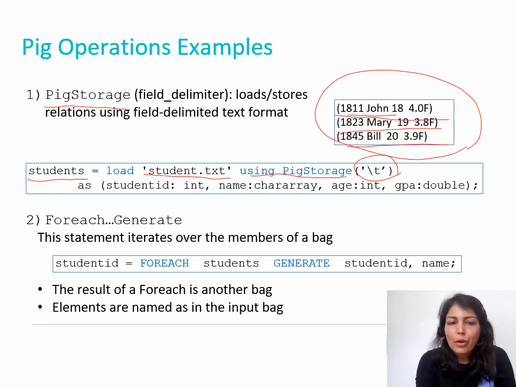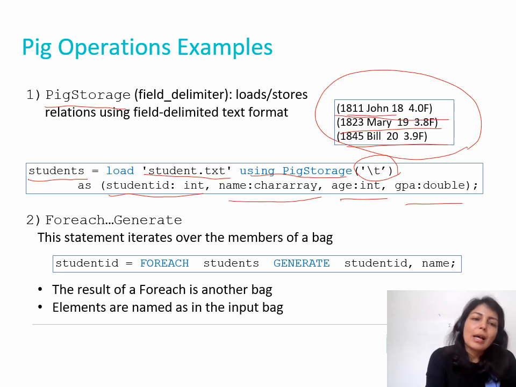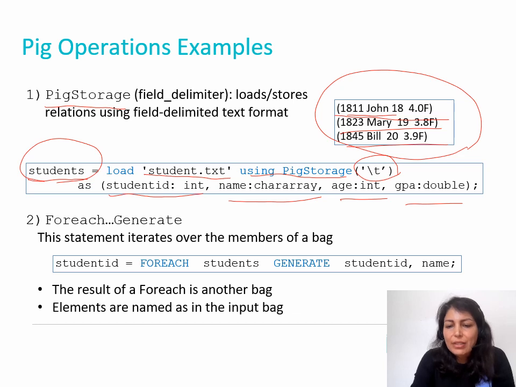Now we have to define what each element is. As I said, Pig is for semi-structured and unstructured data, and if you want to analyze data, we need to organize it somehow. So the first element is considered as a student ID, which is an integer. The second element is name, then age, and the last one, GPA. So we load this data and put it in students. In Pig, students is called a bag, and each bag is a set of relations. So now our data is ready in students, in a bag.